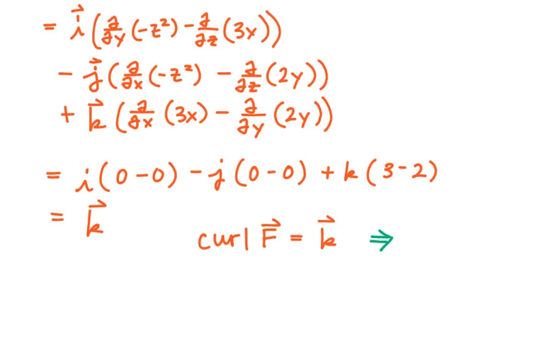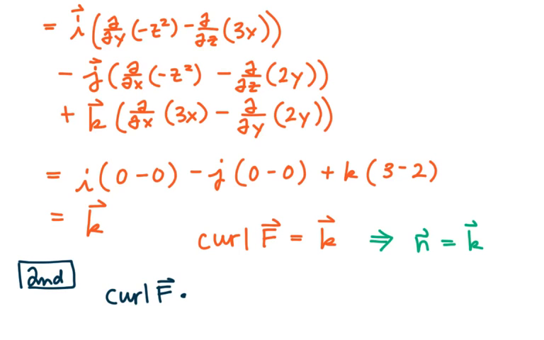And this lets me know that my unit normal vector is also going to equal that k unit vector. So when I go for my second part, I need to calculate the curl of F dotted with n. That is 0, 0, 1. That vector represents the curl of F, dotted with 0, 0, 1.